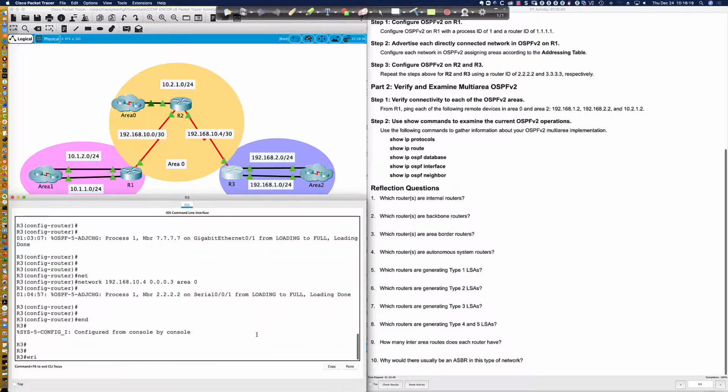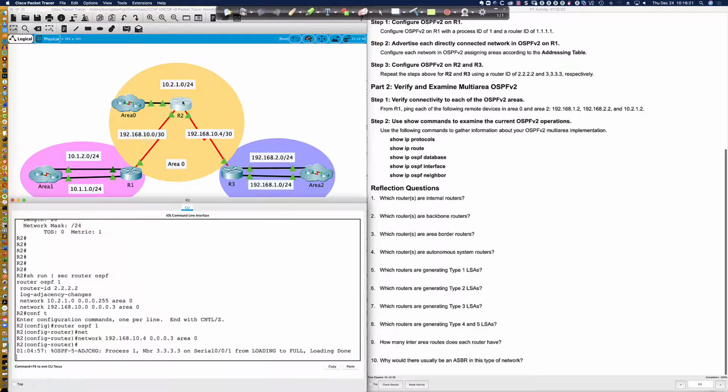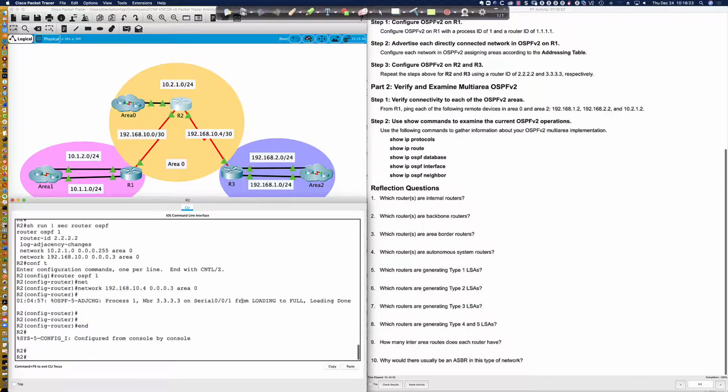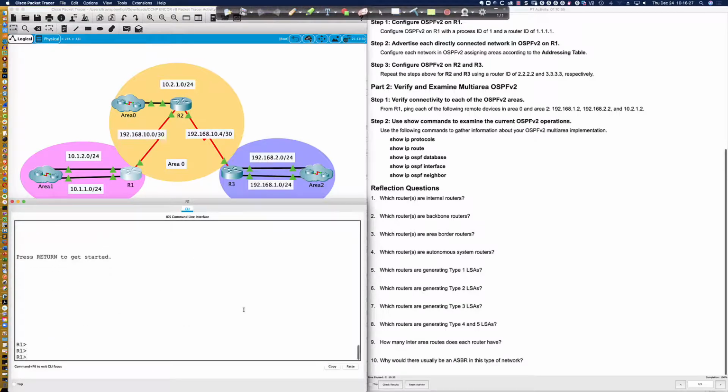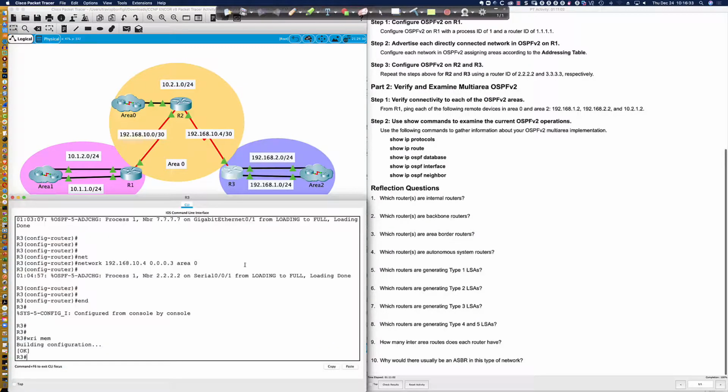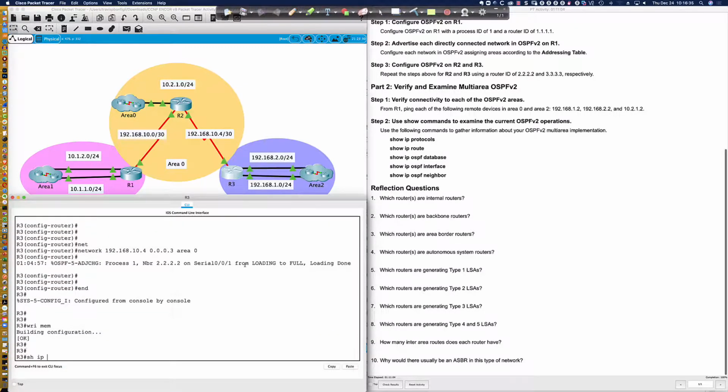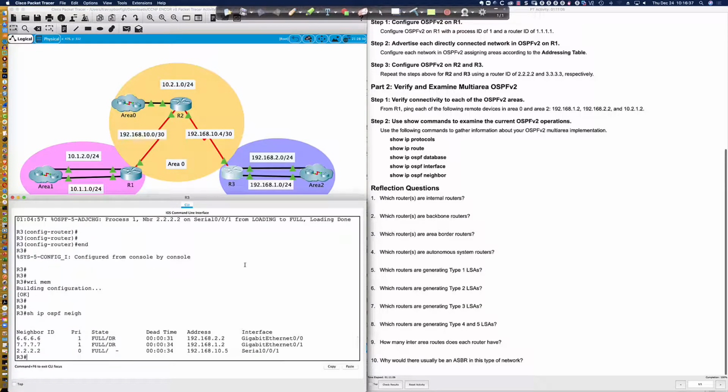So let's go ahead, let's save our configurations here across the board and make sure that we don't lose anything just in case. Remember, Packet Tracer is software, and software can and does crash from time to time. So back to router 3, if I say show IP OSPF neighbor, that's what I would expect to see.